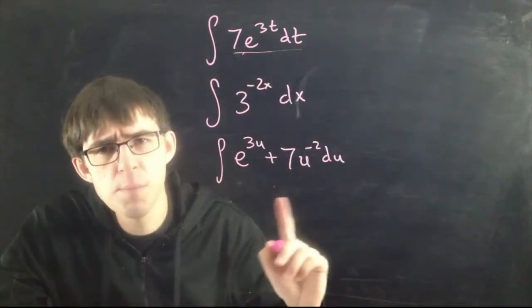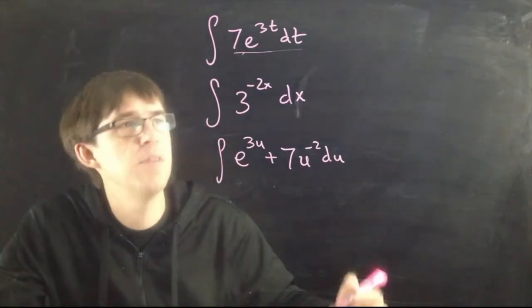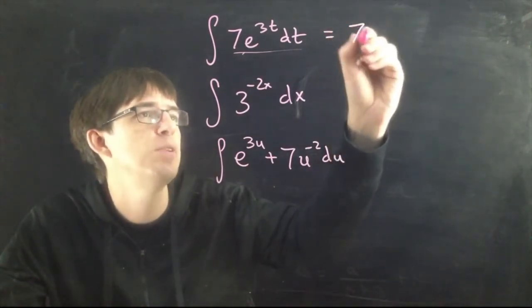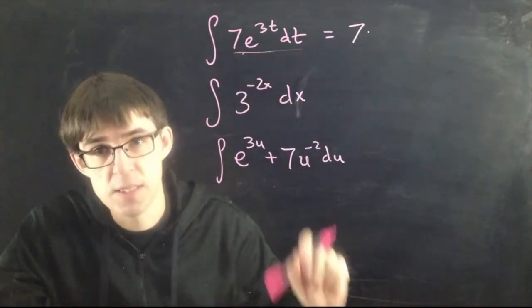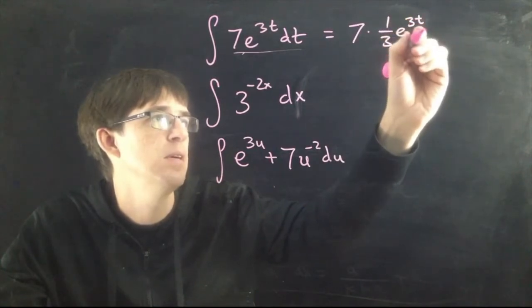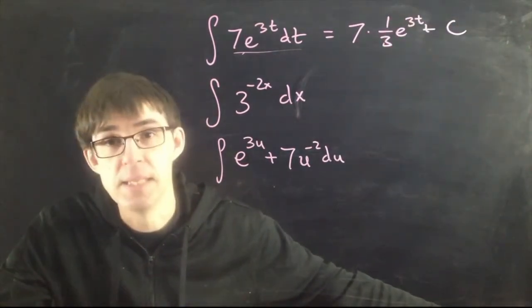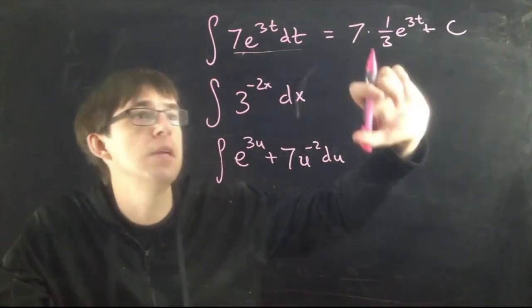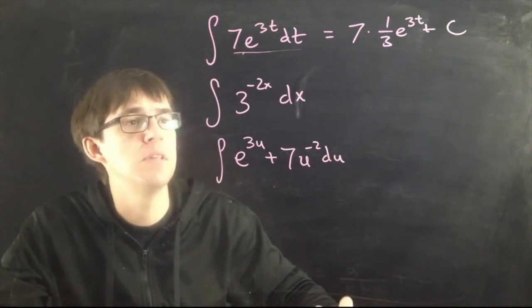Remember, if you have a constant multiple inside the integral, that constant multiple just is a constant multiple in front of the answer. So the 7 will just stay like it is. And then on e to the 3t, I use the e to the kx rule, and I get 1 over 3 e to the 3t plus c, right? That was the e to the kx rule, where k was 3, and in this example, the variable is called t instead of x.